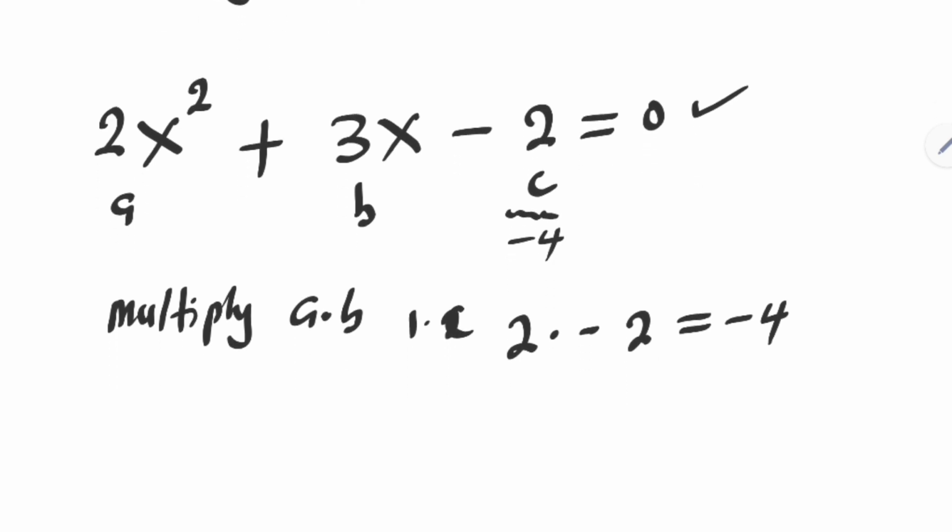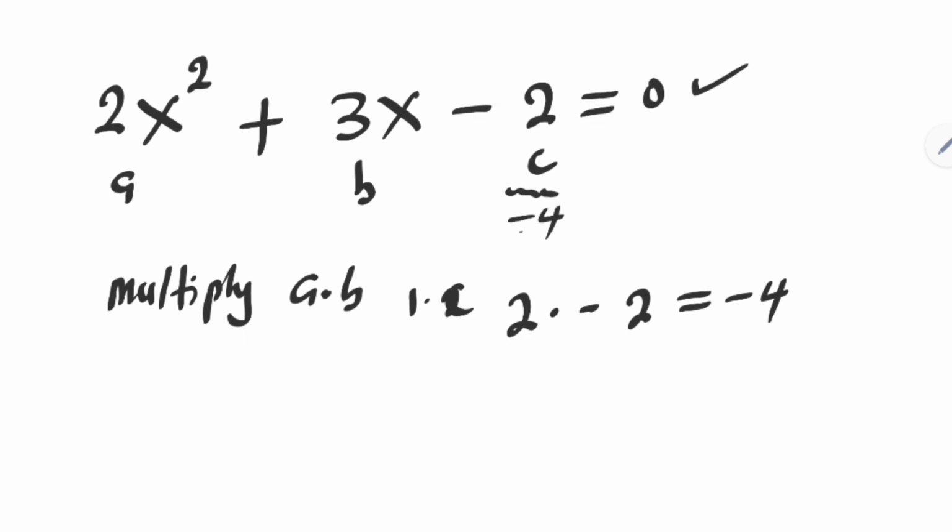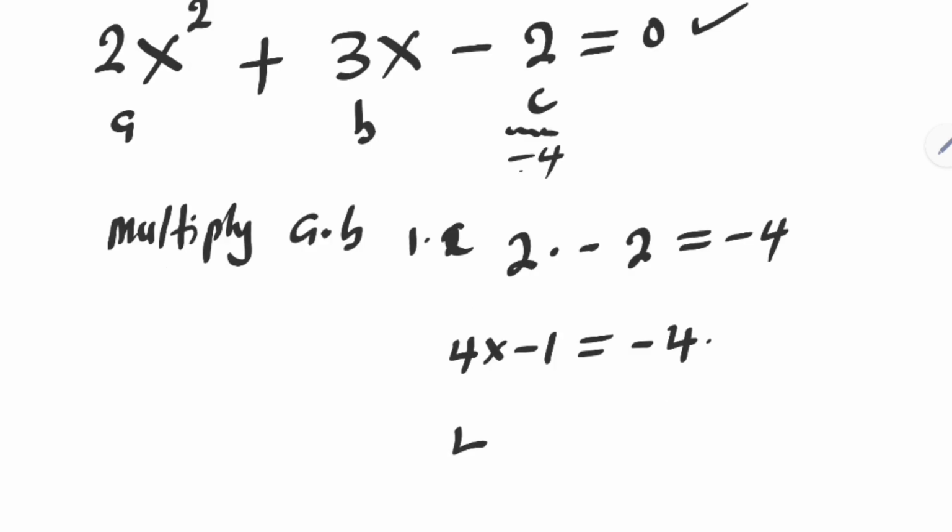We look for two numbers so that the product will be equal to minus 4 and the sum will be equal to 3. If you have 4 multiplied by minus 1, this is equal to minus 4. Then 4 minus 1 is equal to 3. That is plus 3.